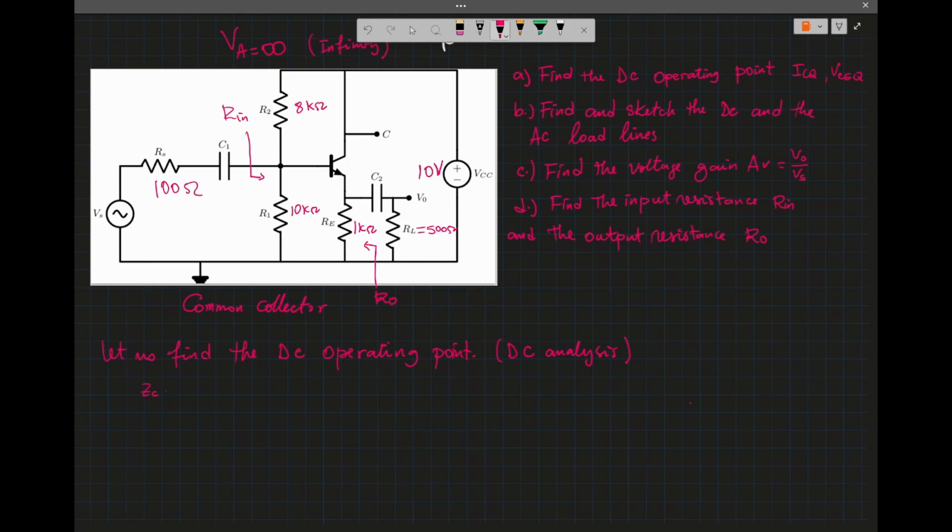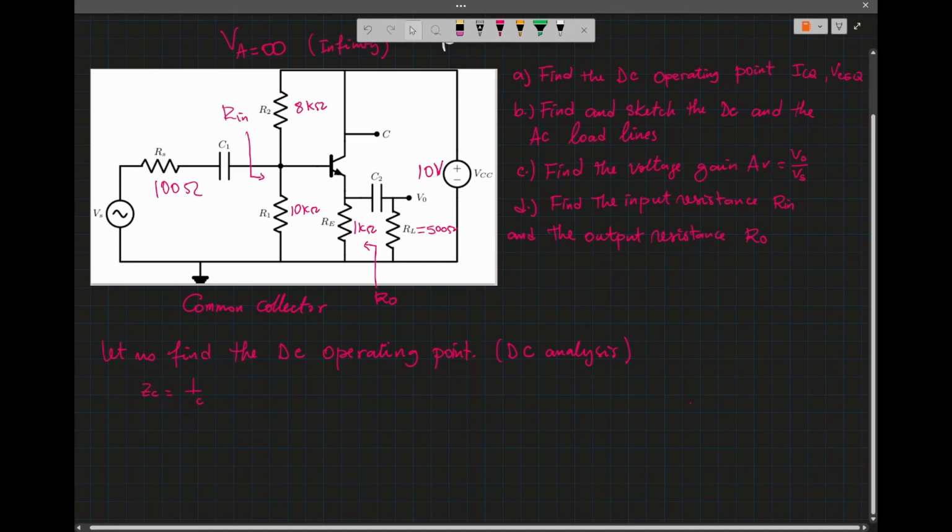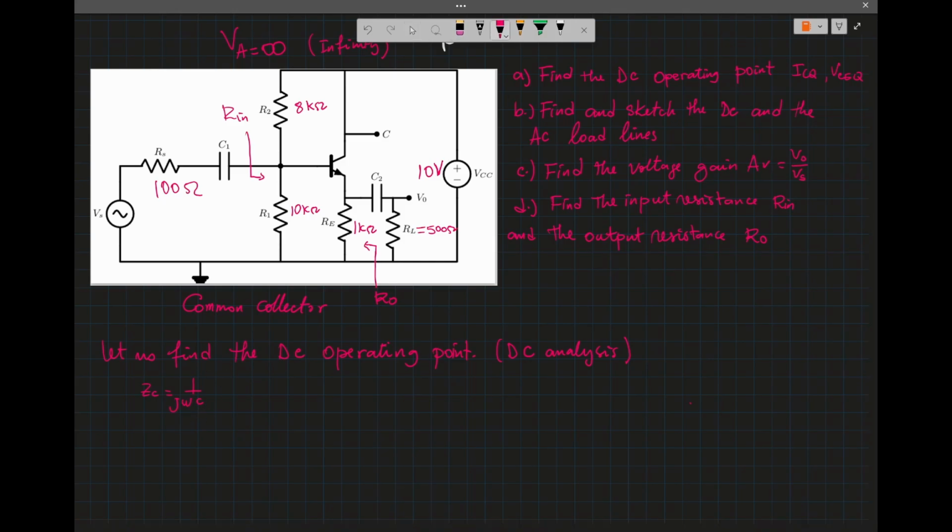Because the impedance of a capacitor is 1 over j omega C, so when omega equals 0, that's when we have DC. Then the impedance of the capacitor is 1 over 0, which is infinity. So infinity means open, right? Infinite impedance means open.